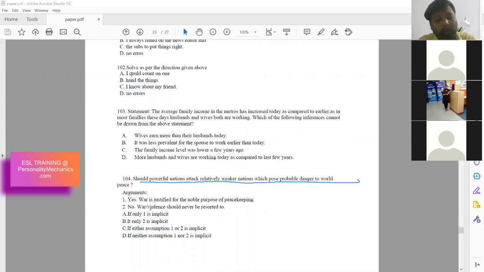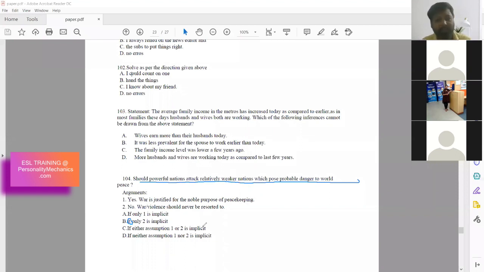Next is: no, violence should never be resorted to. If only one is implicit, if only two is implicit, if either assumption 1 or 2 is implicit, if neither assumption 1 nor 2 is implicit. Okay, so should powerful nations attack?